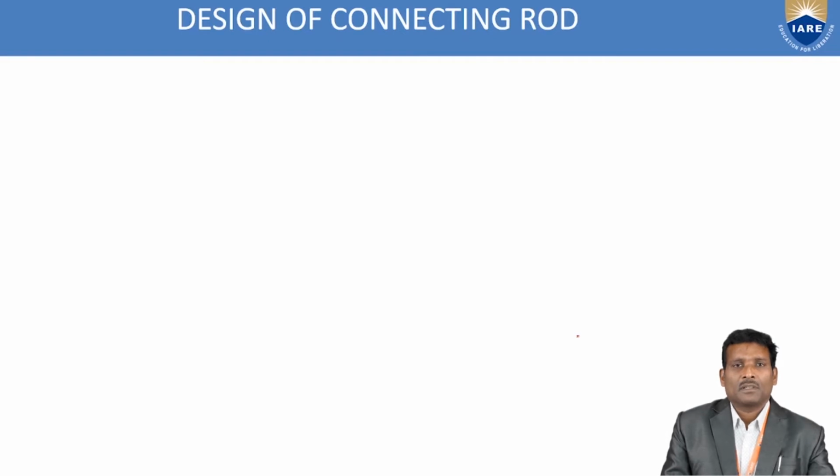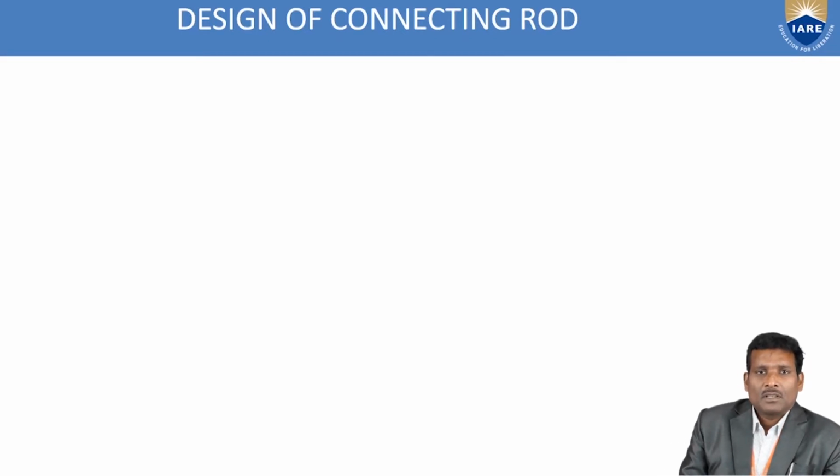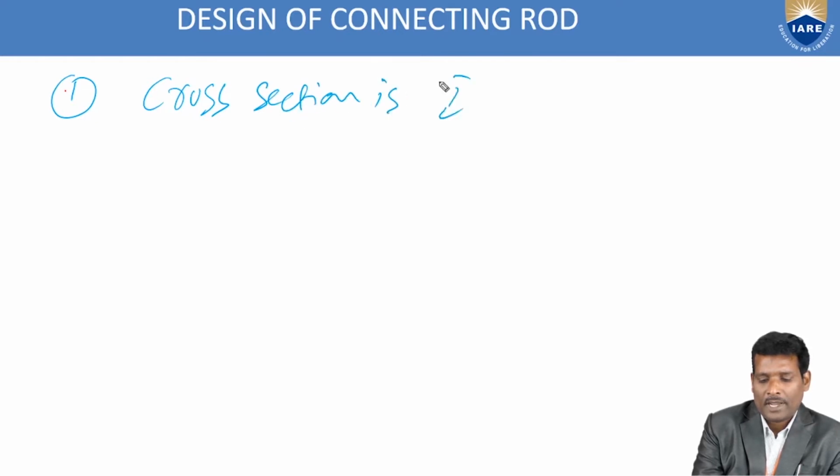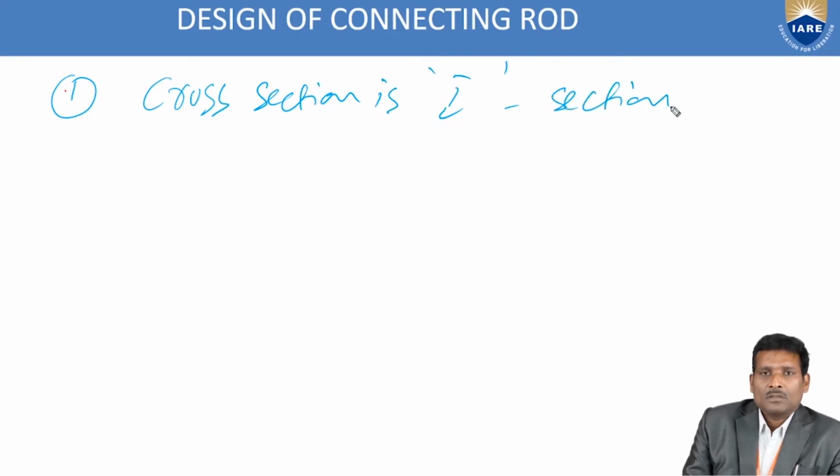In the first step of our design procedure, we determine the dimensions of the cross section. Step 1: the cross section is an I section. So first find out the I section dimensions.